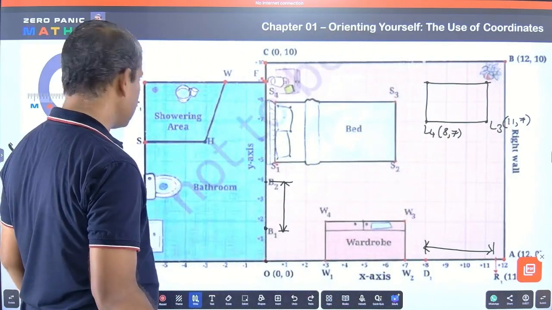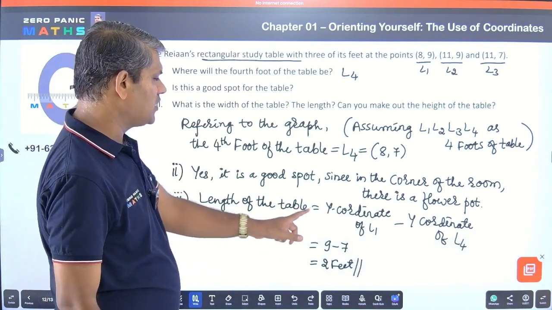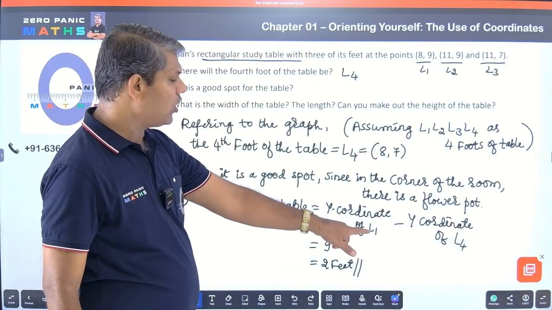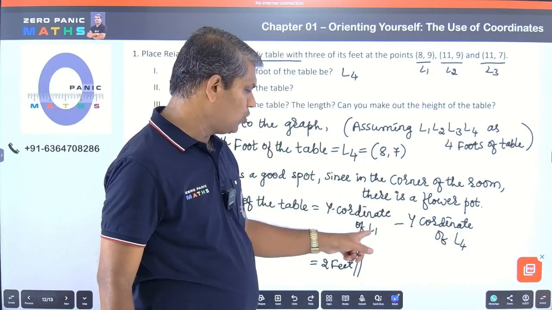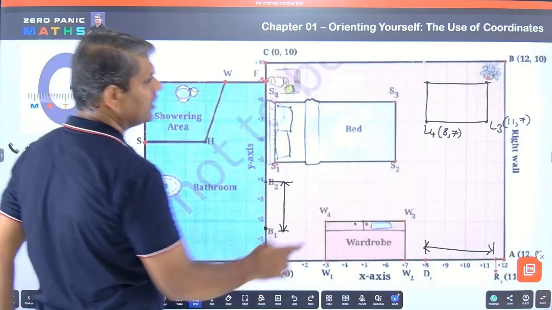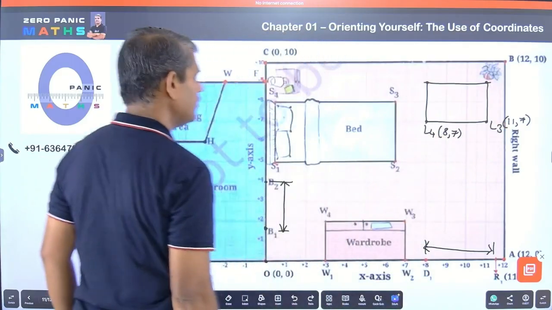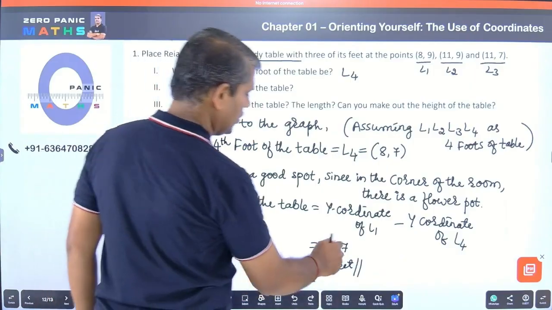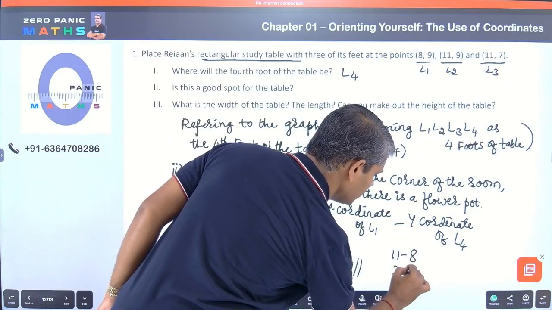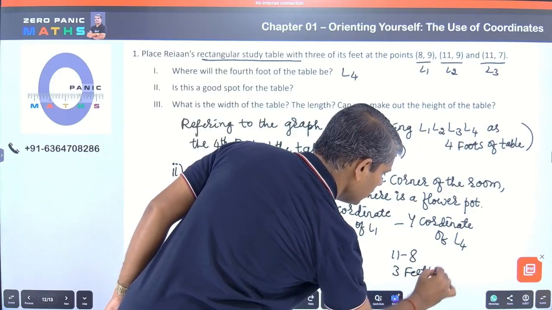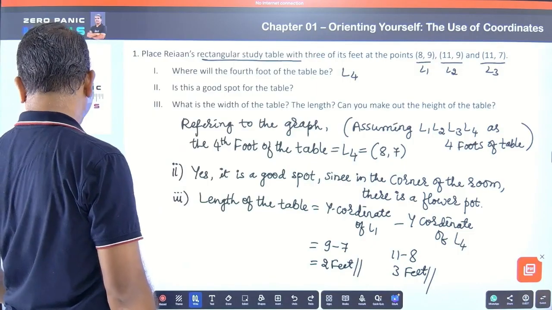That is a simple homework for you: the width of the table is the x coordinate of L3, which is 11, minus the x coordinate of L4, which is 8. So it will be 11 minus 8, which is 3 feet, the width of the table. You need to write that. So that completes the first question.